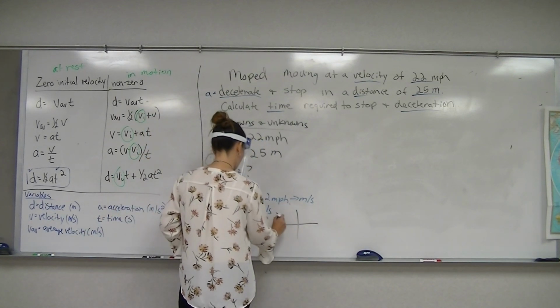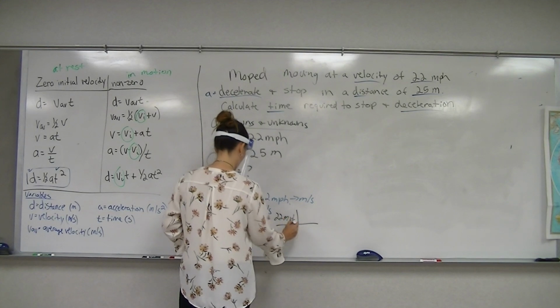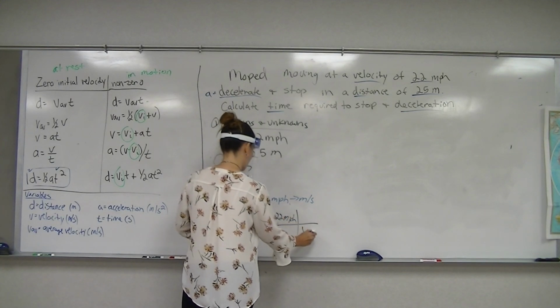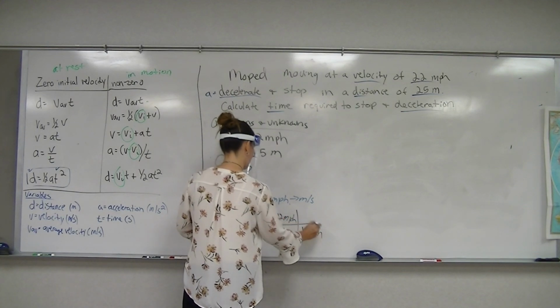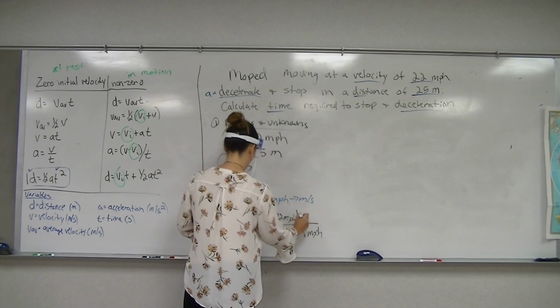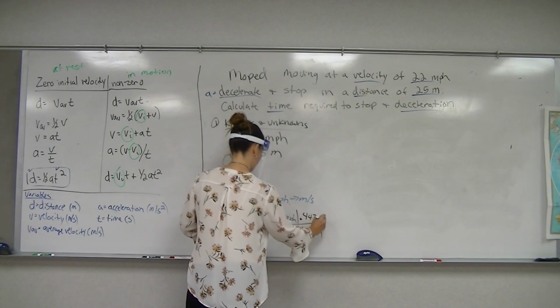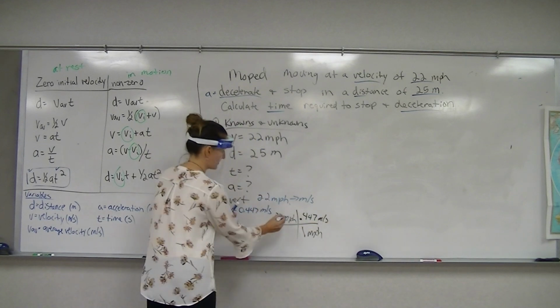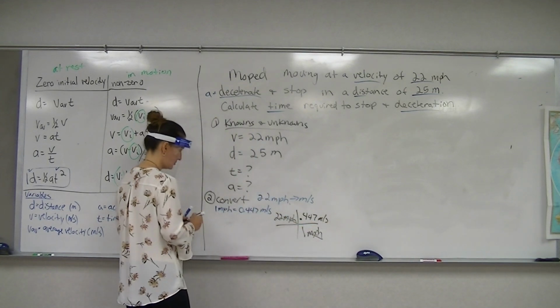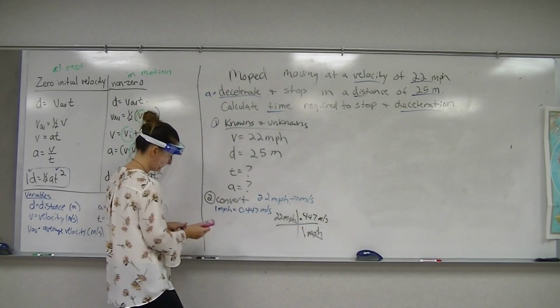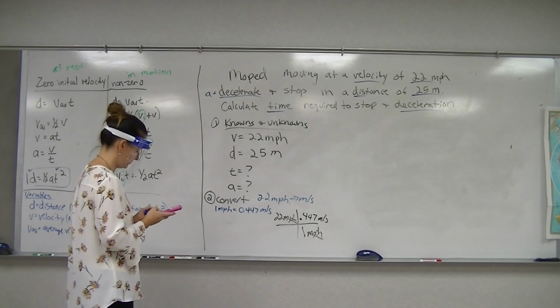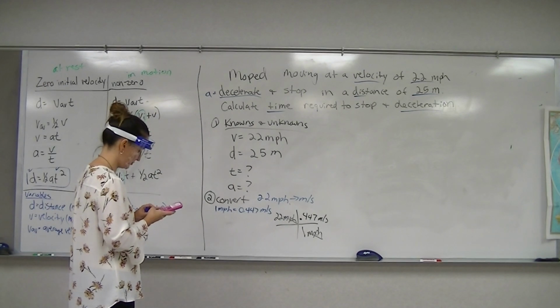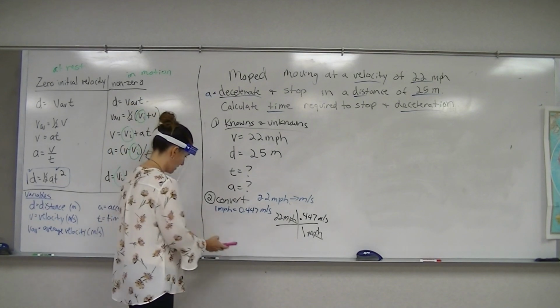So in this case, we are once again putting the miles per hour on the bottom. Sorry, the lower on the board I get, the more sloppy my handwriting gets. So multiplying 22 times 0.447 gives us around 9.8.